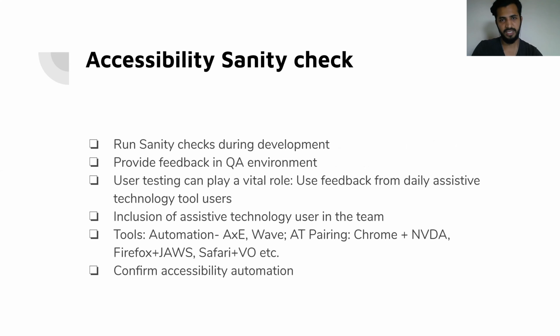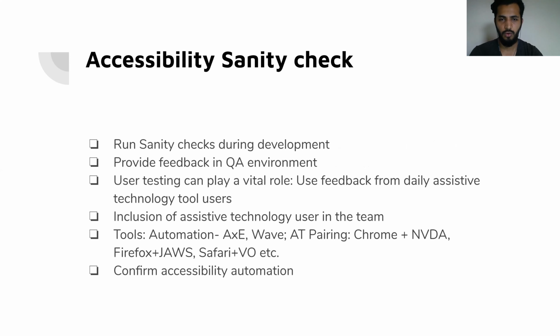Moving to accessibility sanity check, which is the next slide. So for large applications, if we're considering a huge application which includes 8, 10 screens, having a sanity check can be really helpful. Why? Because that gives us an understanding of the current accessibility standing for a product.